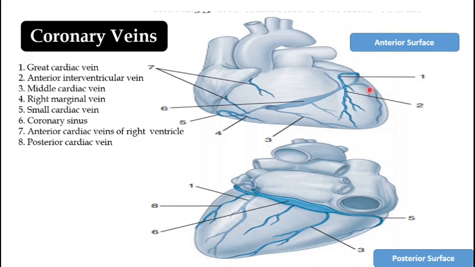So this is the left marginal vein, and you can see that it becomes part of the great cardiac vein on the posterior surface of the heart. Then both the great cardiac vein and the left marginal vein merge and become part of the coronary sinus, and then the deoxygenated blood from the coronary sinus goes into the right atrium.